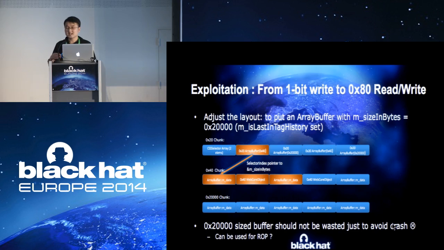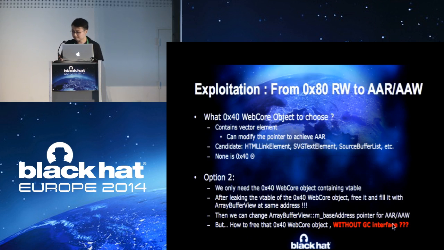If we do that, we will of course cause some byproduct. It will have additional 0x20,000 chunks, a lot of those buffers. And of course, those buffers will not be wasted just to avoid the process crash. We can use those big buffers to store the ROP gadget later on.